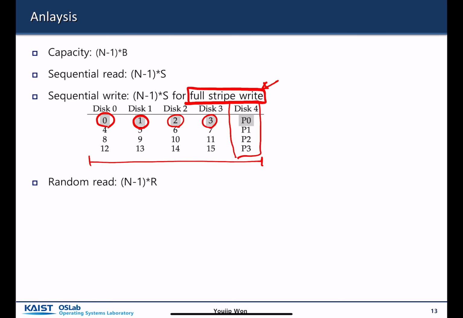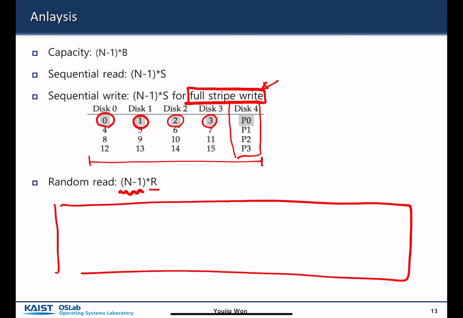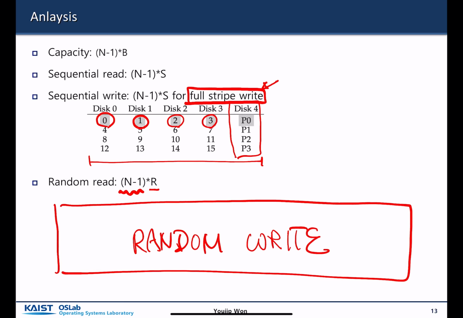There are n-1 disks, and we can read from those disks. So total bandwidth for random read will be n-1 times r. This space is left as a blank for random write. In RAID level 4, random write performance is problematic.